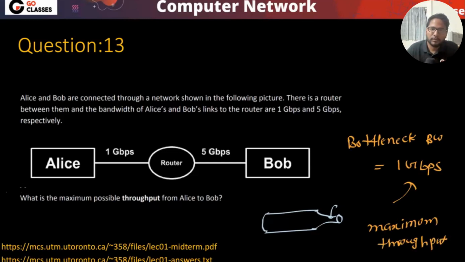For example, it is saying in 1 second you can send 1 GB. Can you send more than 1 GB in 1 second? Whatever you do, never ever. From Alice to Bob, you can't send more than 1 GB because this is the bottleneck. So the maximum you can have is 1 Gbps, but it depends on the protocol you are using and many other things, like how much Alice is actually sending. Maybe it is not sending too often, then it may not be 1 Gbps, but the maximum could be 1 Gbps. That's what I want to say from this question.